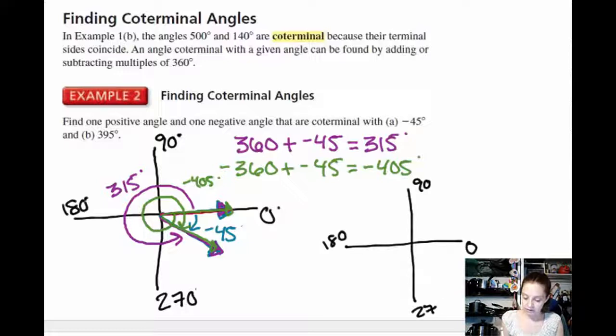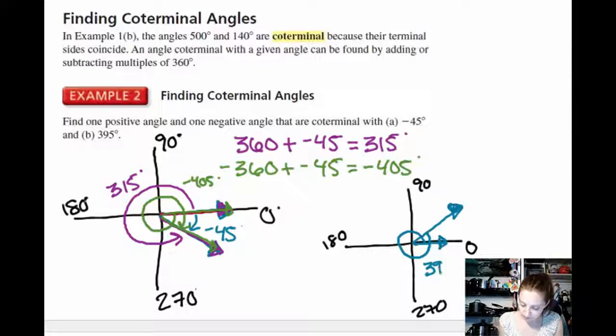Okay, B is 395 degrees. So 360 would be the full way around, and this is 35 degrees more than 360. So it is about there. And this is 395 degrees.